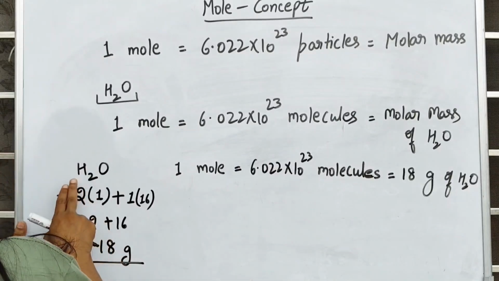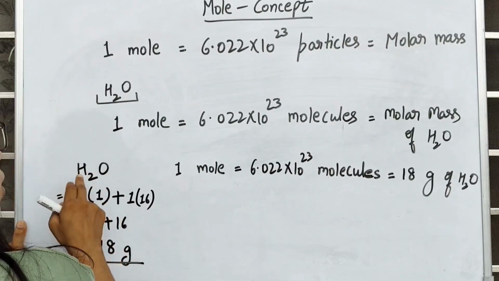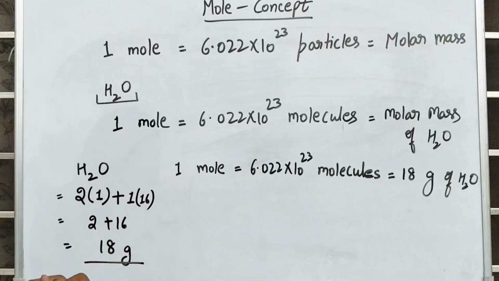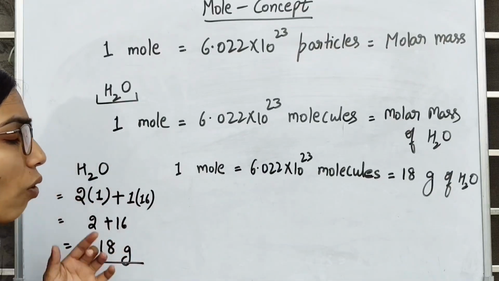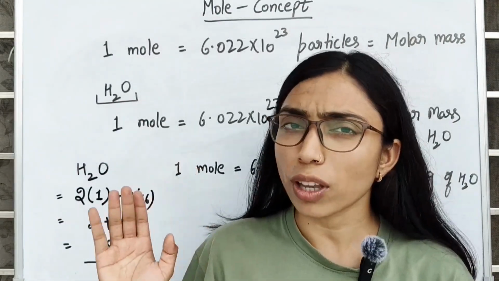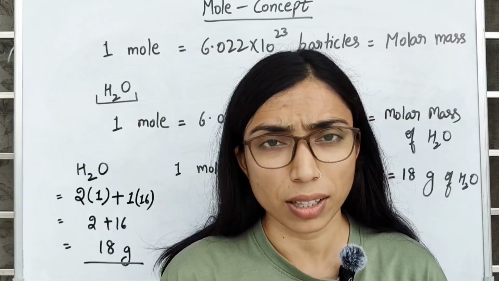If you take another example of a molecule like CO2, again, first you have to calculate the mass of one molecule. Means 1 mole is equal to Avogadro's number of particles and is equal to the molar mass of the substance.